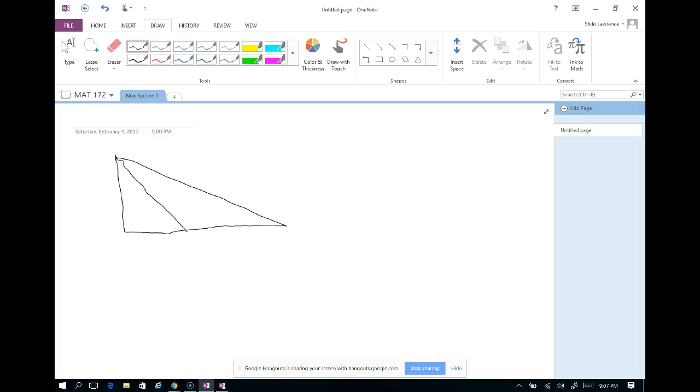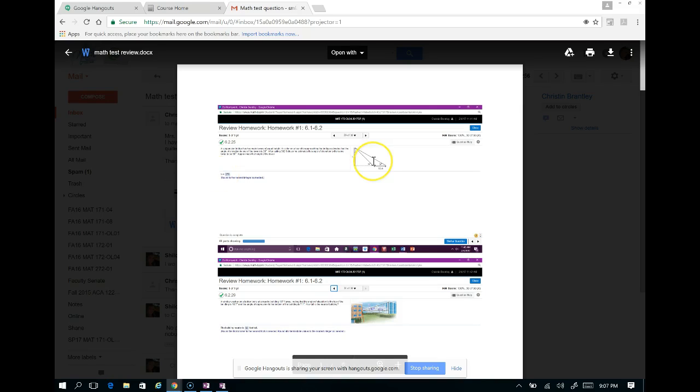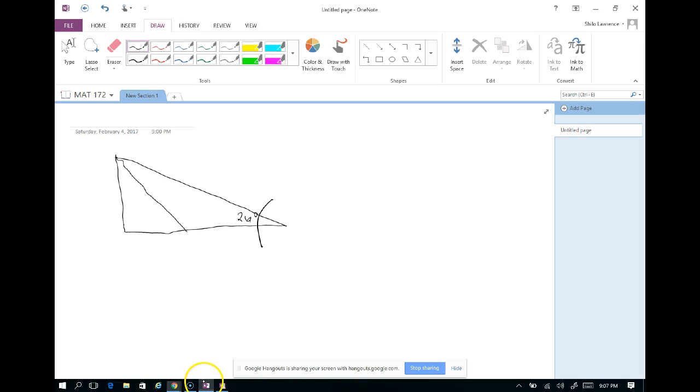I'm going to grab my other one and see if my other one's going to work. There we go. Sorry about that. So this one was 26 degrees. The larger one was 56, and the length is 382.